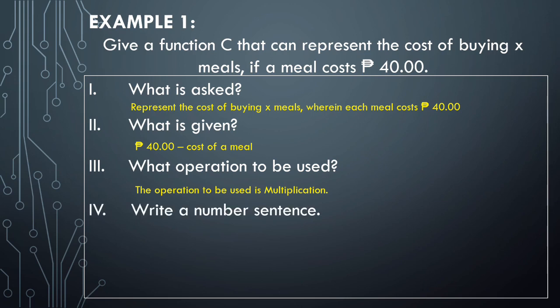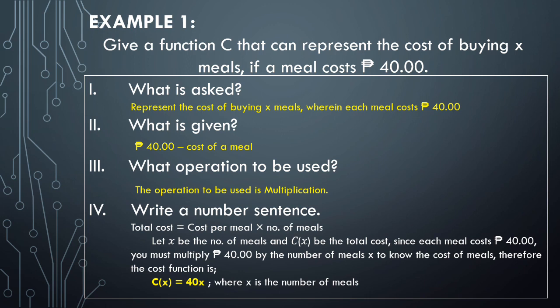And write a number sentence. The total cost is equal to the cost per meal times the number of meals. So, let x be the number of meals and c(x) be the total cost.